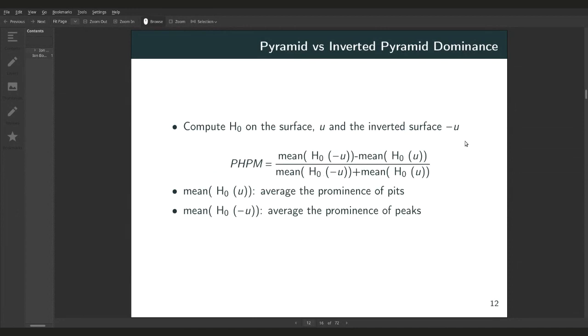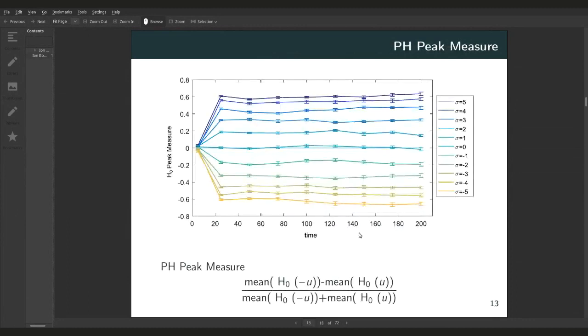And this statistic encodes the average prominence of pits and peaks. If it's positive, this indicates that the peaks dominate. And if it's negative, this indicates that the pits dominate. So this is capturing exactly what the physicists are trying to capture in their experimental observations.